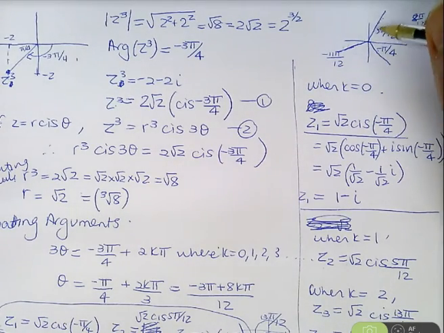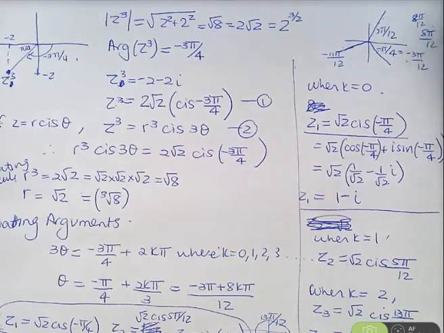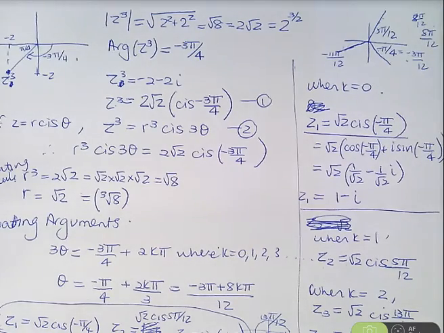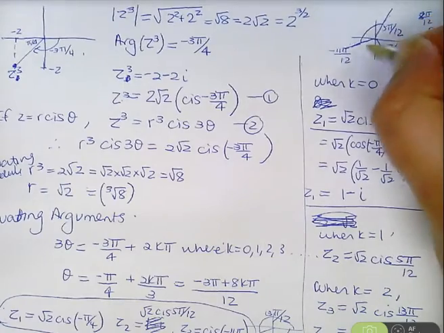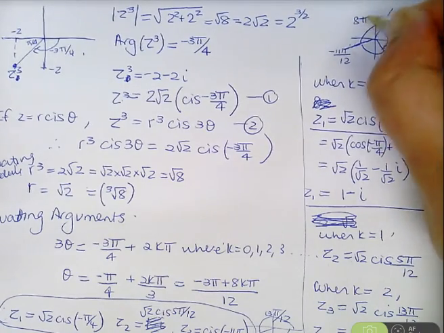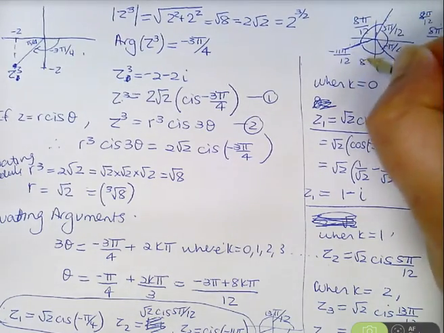And the difference between this one, minus pi on 4, which is minus 3 pi on 12, is also 8 pi on 12. The difference between minus 11 pi on 12 and minus 3 pi on 12 is a difference of 8 pi on 12. So these are separated by 8 pi on 12 all the way round.